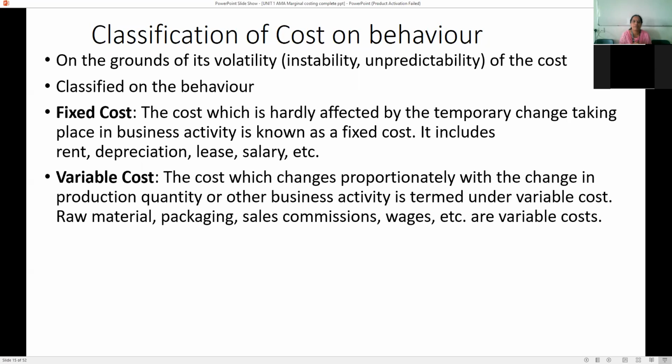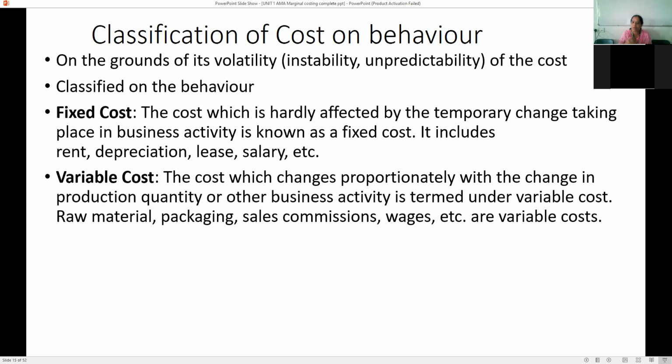Examples of variable cost are raw materials cost, packaging cost, sales commission, and wages, which are all variable. An additional unit of production would lead to an additional cost. Say for example, if one unit of manufacturing costs you 10 rupees, if you're manufacturing 5 units, it's going to be 50 rupees.